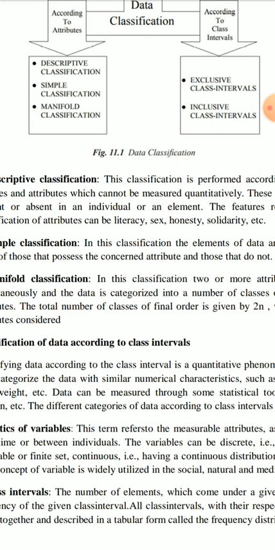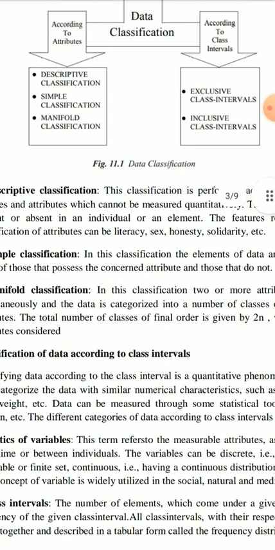So, you can classify them into exclusive interval and inclusive interval. I give you the example for inclusive interval like 0 to 5, 5 to 10, 10 to 15, 15 to 20 and 20 to 25. These types of data are known as inclusive class interval. The second type is known as exclusive class interval.